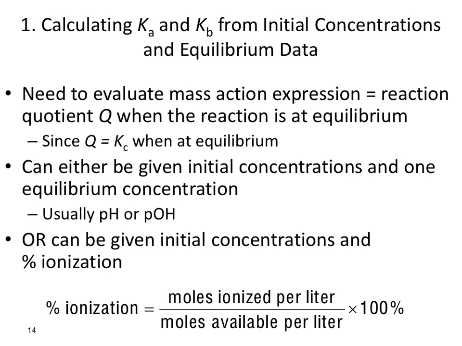Something else that can happen is you can be given initial concentrations and percent ionization. So you have an idea, percent ionization is the moles of ions per liter divided by the number of moles available.